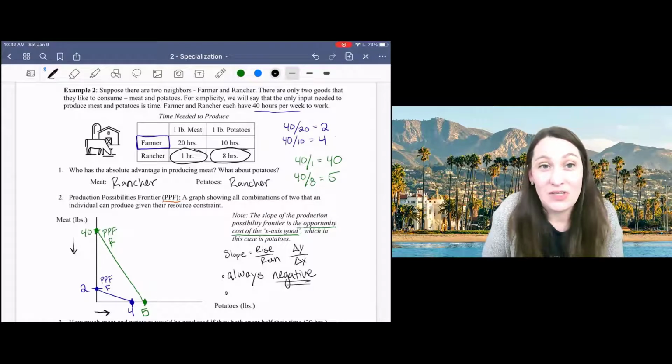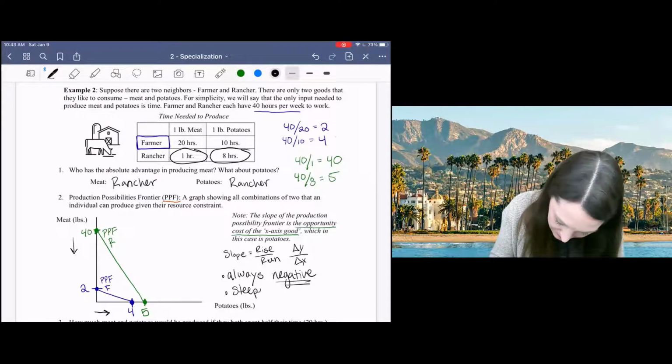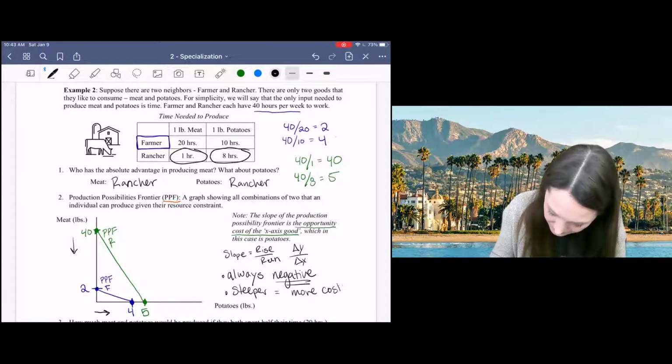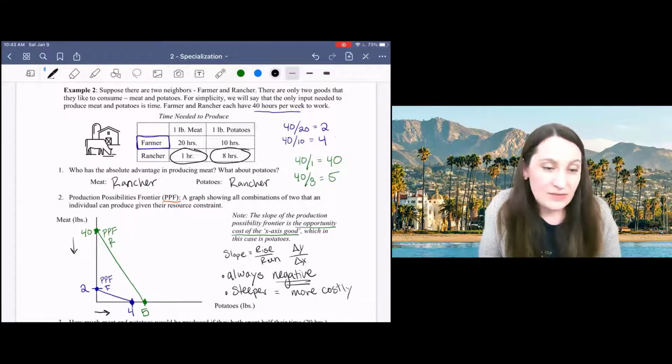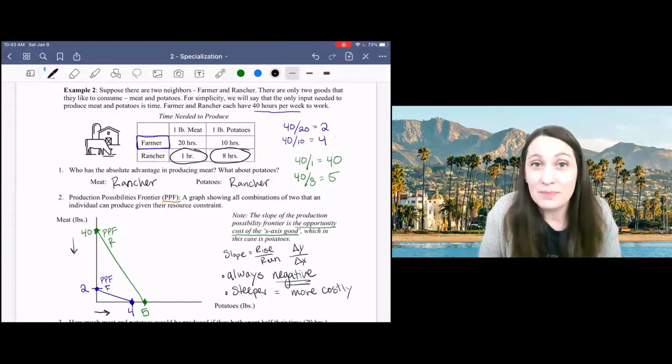And the steeper the slope, the larger the opportunity cost. So our production possibility frontier illustrates practically all of the potential possible points of production and also the trade-off between the two goods in terms of opportunity cost.